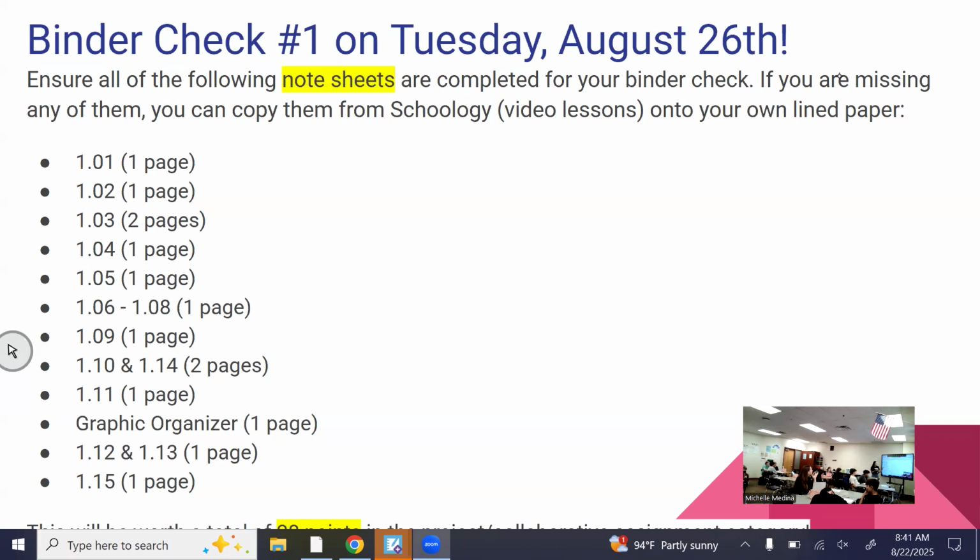And how much is a project category worth? 20%. So for first semester, we have enough binder checks that that's going to be the only thing in that category. So not taking notes will dramatically hurt your grade. Think about it.